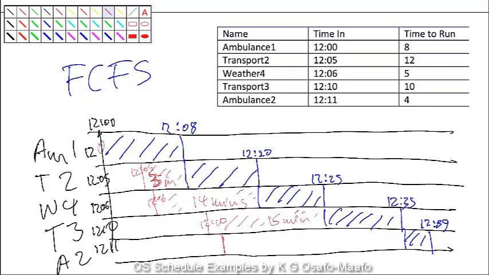So ambulance 2 came in, and so from 12:11 till 12:38, there are 29 minutes.